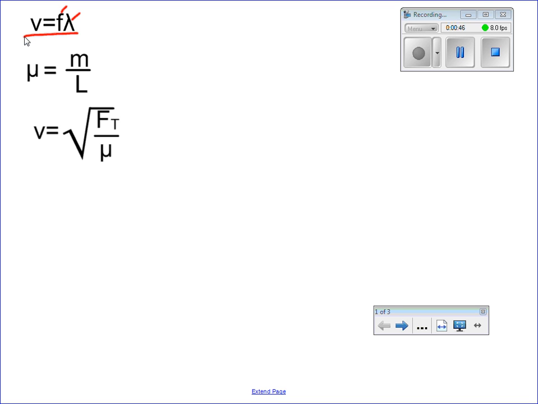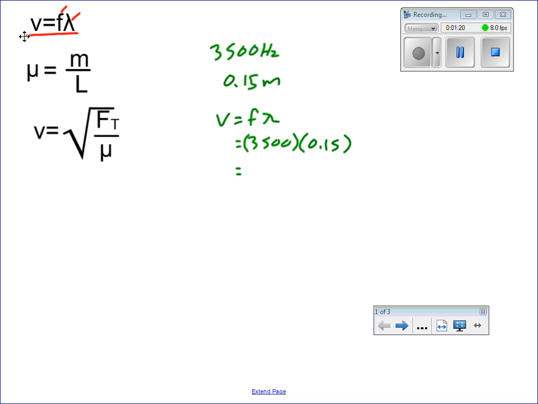If we have a wave that has a frequency of, let's say, 3,500 hertz, and it has a wavelength of 0.15 meters, then the speed that wave is traveling is going to be f lambda, which is 3,500 times 0.15.